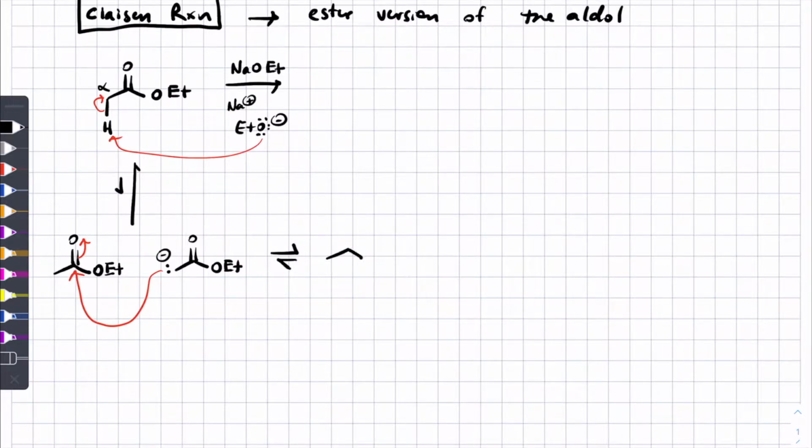That attack generates, as we saw in the aldol reaction, a tetrahedral intermediate with a negatively charged oxygen. And just to be clear, we'll use the same labeling scheme.